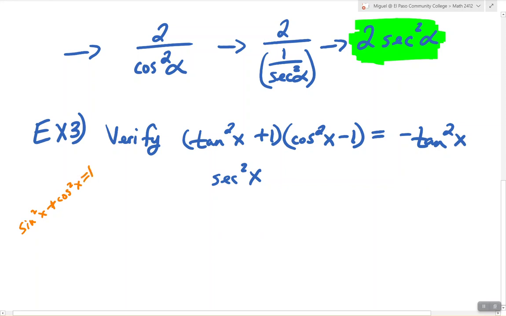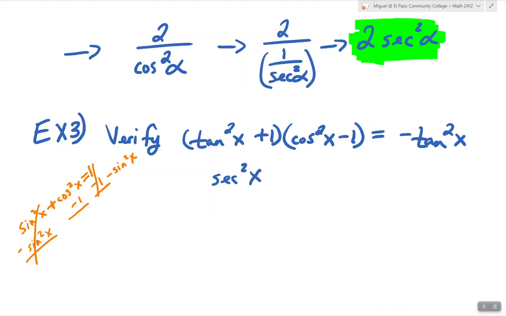We want cosine squared minus 1, so that means I would have to move this over here and move this over here. So cosine squared minus 1 is equal to negative sine squared. So we'll put negative sine squared over here.